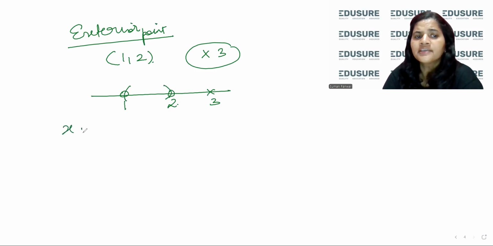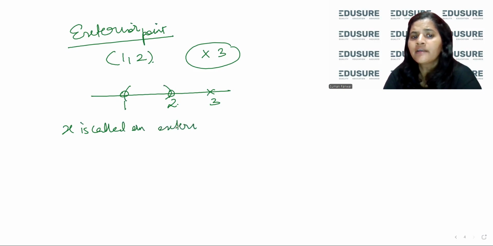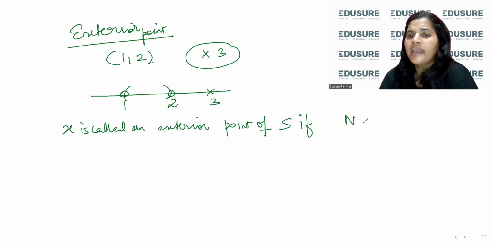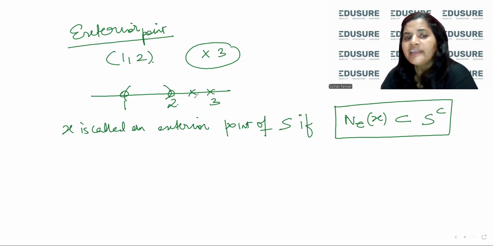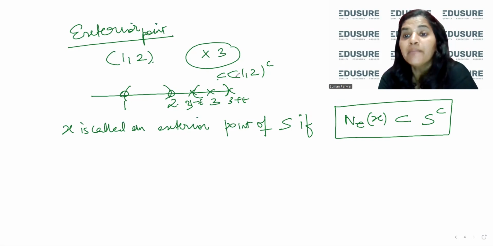X is called an exterior point of S if N epsilon X is strictly contained in the complement of S. Basically, when I take any open interval containing 3, that is (3 minus epsilon, 3 plus epsilon), this should be strictly contained in the complement of (1, 2). That is what is meant by an exterior point.